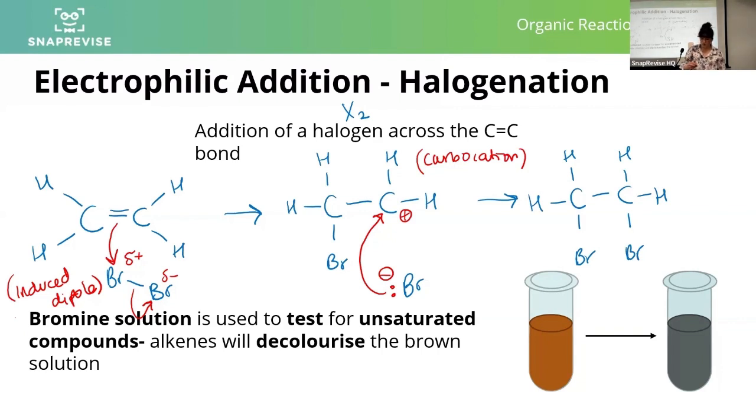So it goes from orange to colorless. Oh, not orange, from brown to colorless. I think actually you can say orange to colorless if there is an alkene present. Because bromine is added across the double bond, that takes the brown/orange bromine out of solution, leaving us with a colorless solution.